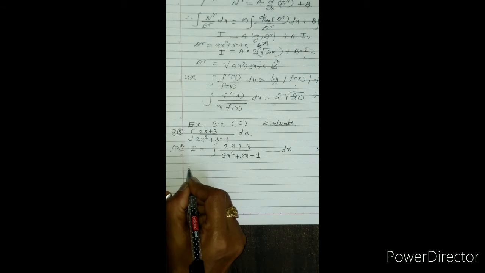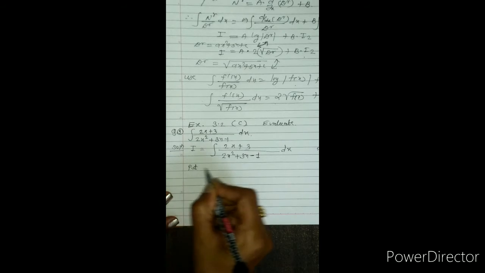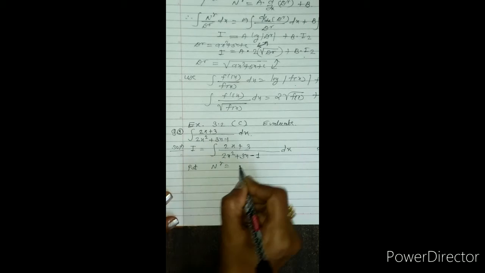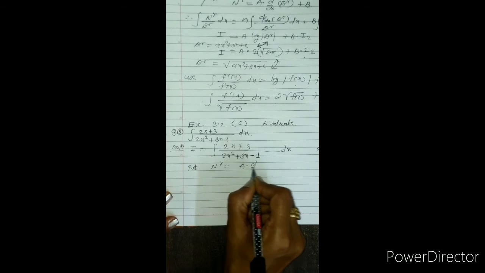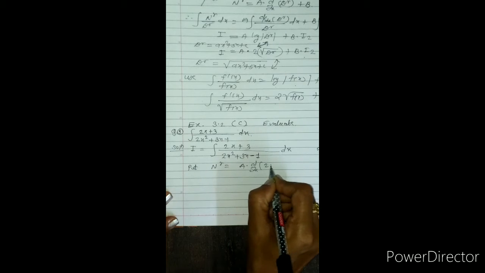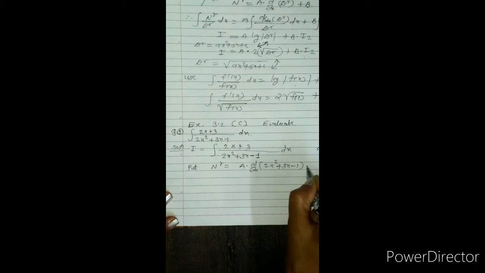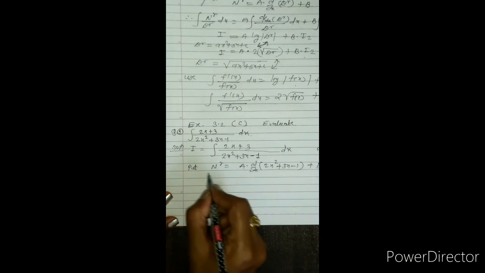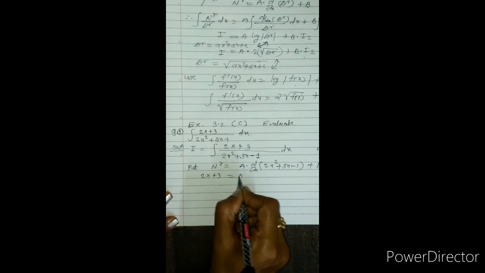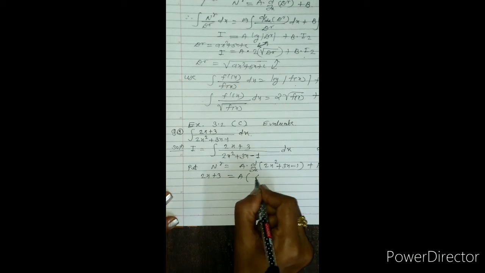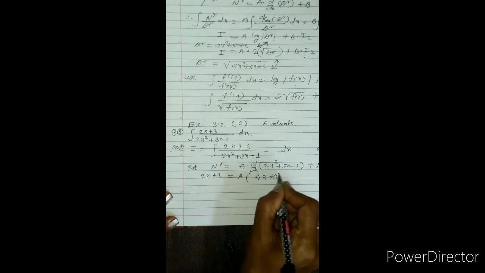Now here we take only the substitution: the numerator is equal to a times d by dx of the expression, that is 2x² + 3x − 1, plus b. So the numerator 2x + 3 is a times the derivative of the denominator, 4x + 3, plus b.